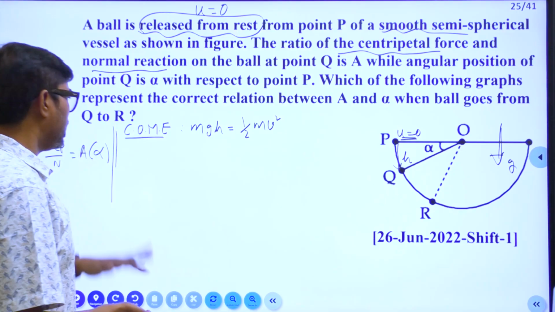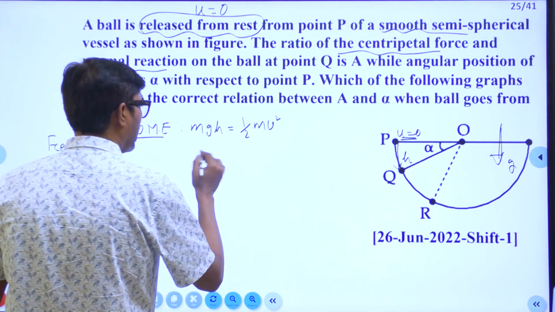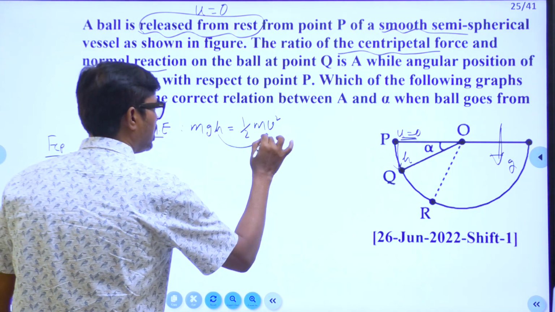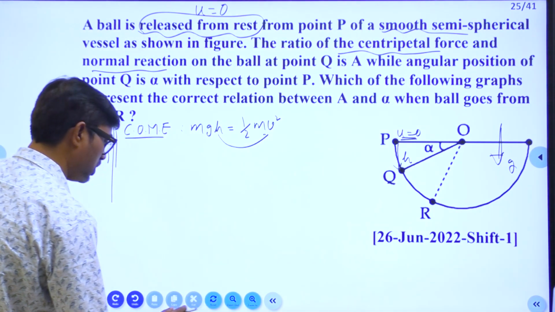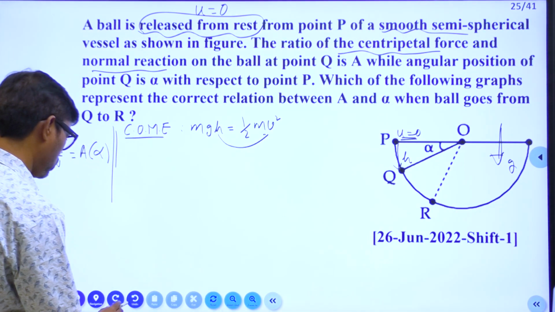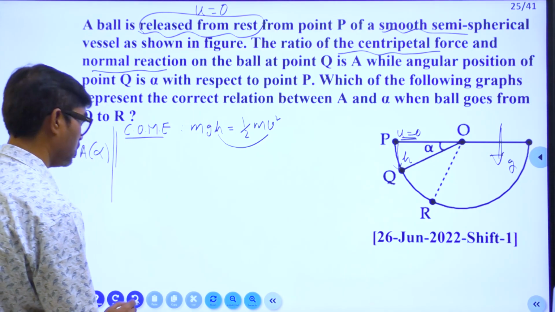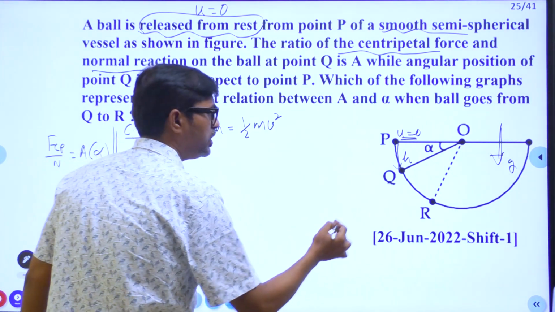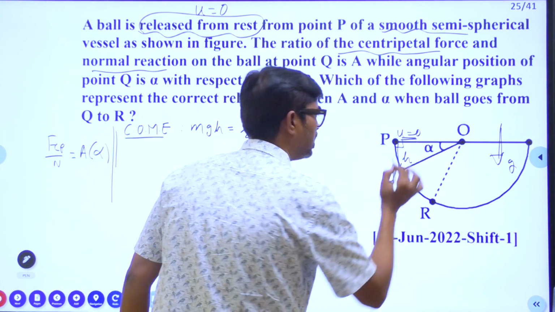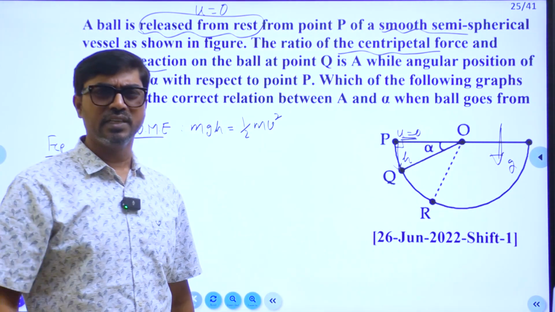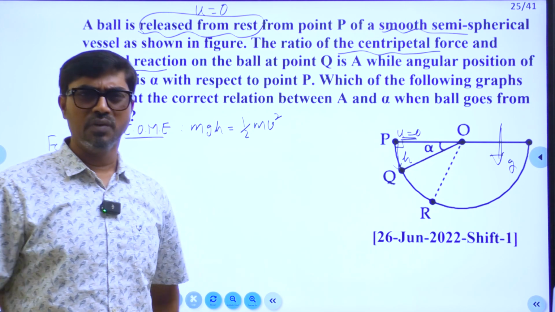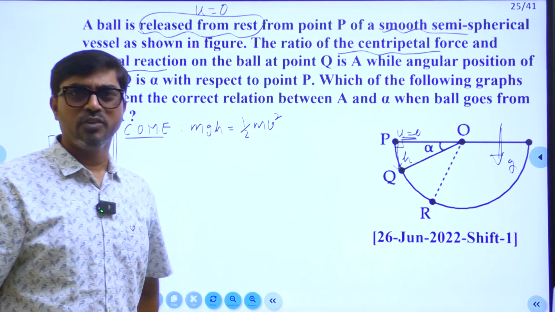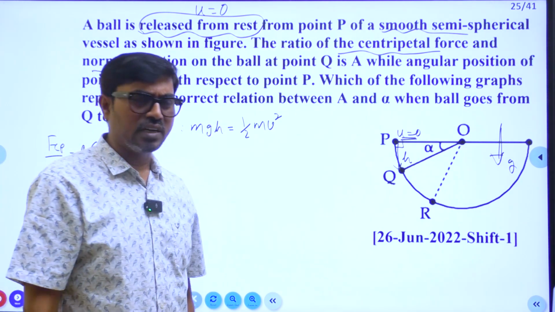Now they're asking you to find A. First, let us write mv square by r. First of all, let's calculate h. What is h here? You look at this right angle triangle. Generally in physics, geometry means mostly right angle triangles, sine theta, cos theta only. Don't think too much about geometry here.